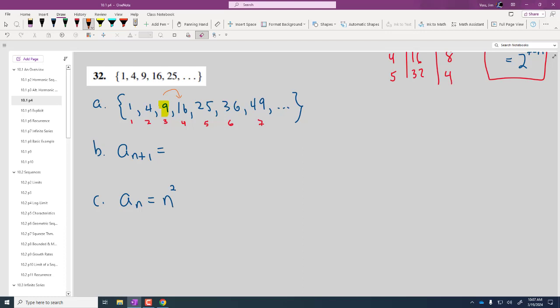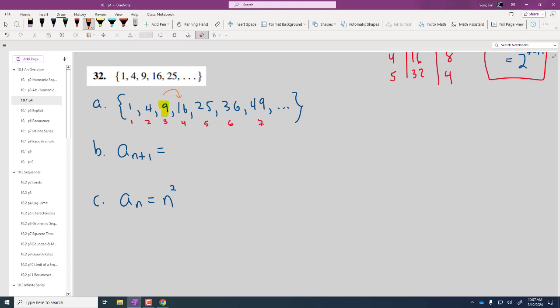The differences are not going to help us because the differences between these squares are weird. 3 and then 5 and then 7 and then 9. That's not linear. Sorry, it's just all the odd numbers. So how can we get at that? 2n plus 1. Not quite.